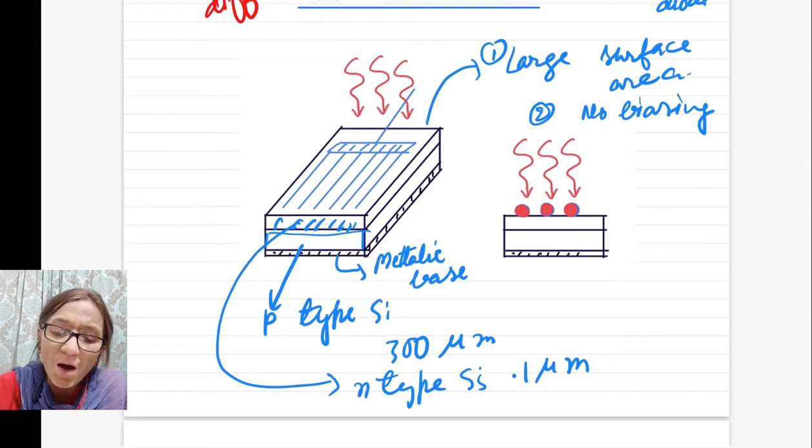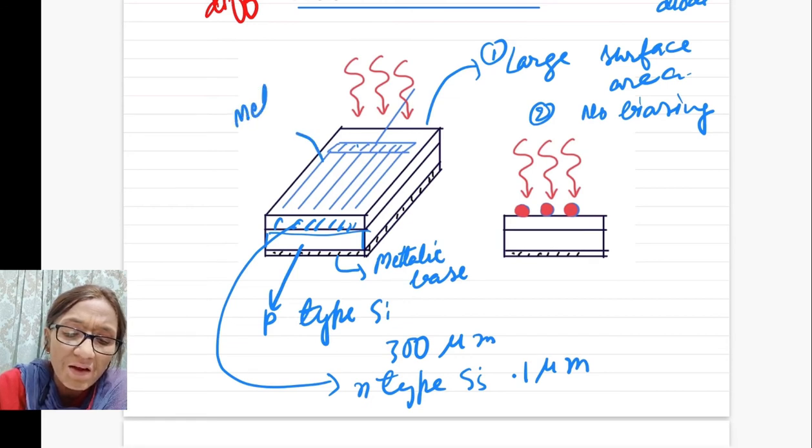And at the top you have metallic finger electrodes. Here at the top, this blue lining you can see, these are your metallic finger electrodes.